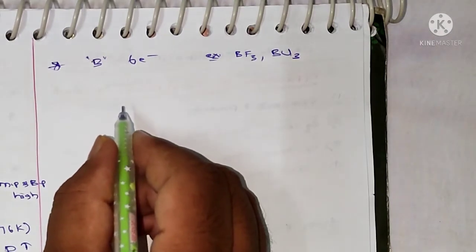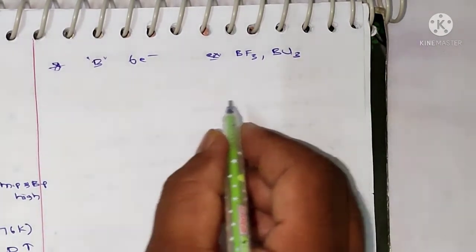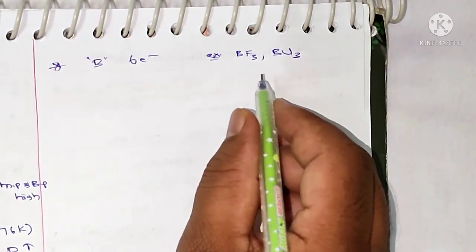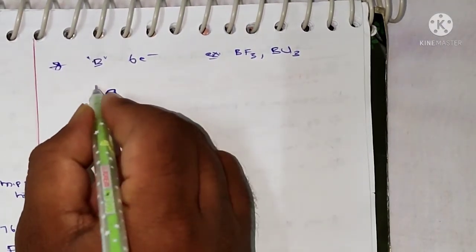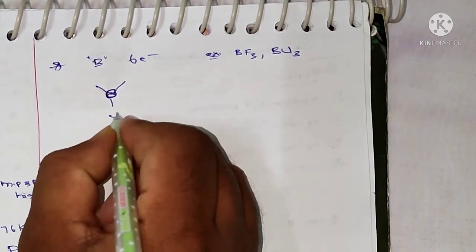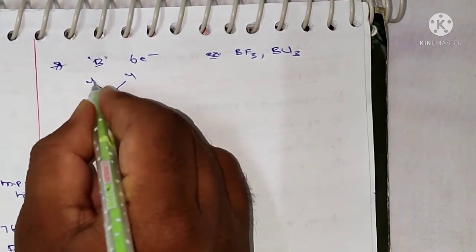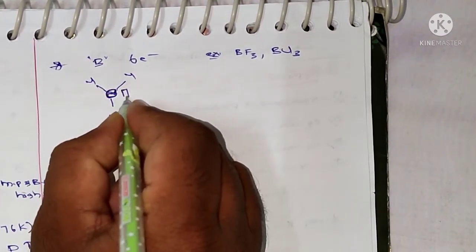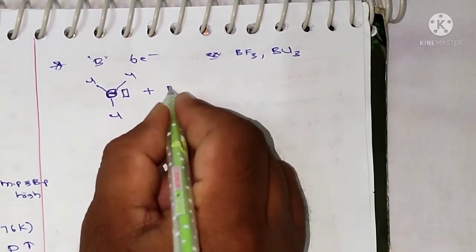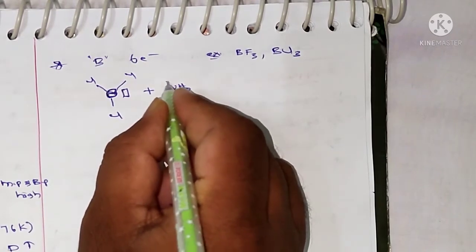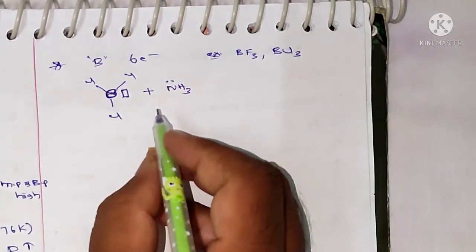BCl3 easily accepts a lone pair of electrons from NH3. Here I am taking boron and 3 chlorines, and there is an empty orbital in boron, and it accepts an electron pair from the NH3.